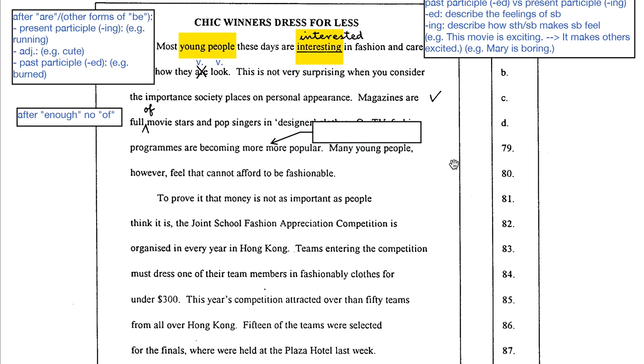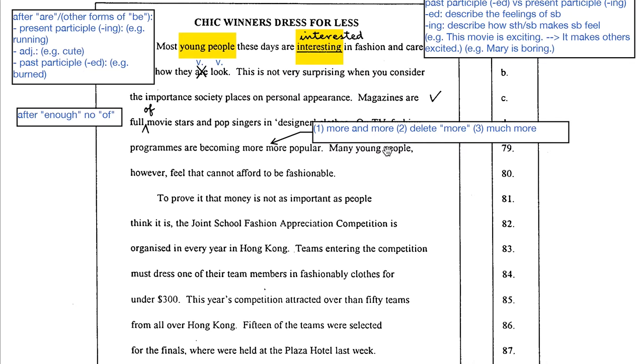One modification is you can say more and more, or you can delete one of the more. That's also fine. Or you can say much more popular. 更加熱鬧啊. Okay? So this is how you can change the mistake.